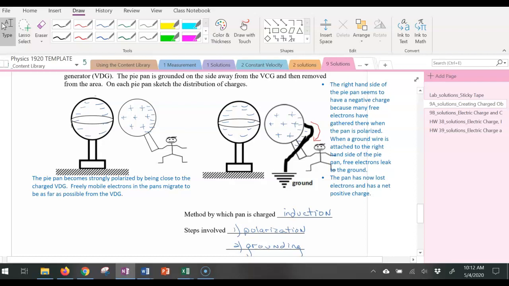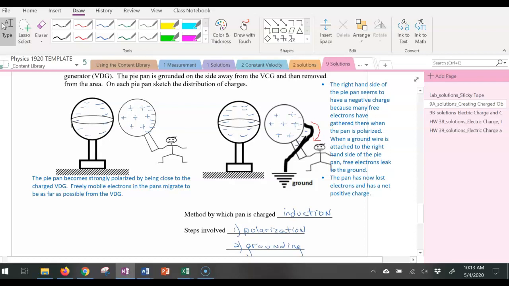While the pan is strongly polarized, and that's important, Mike is doing this while the pan is still polarized, he grounds the right-hand side of the pan. That's shown by this black wire leading from the right-hand side of the pie pan down to the ground.